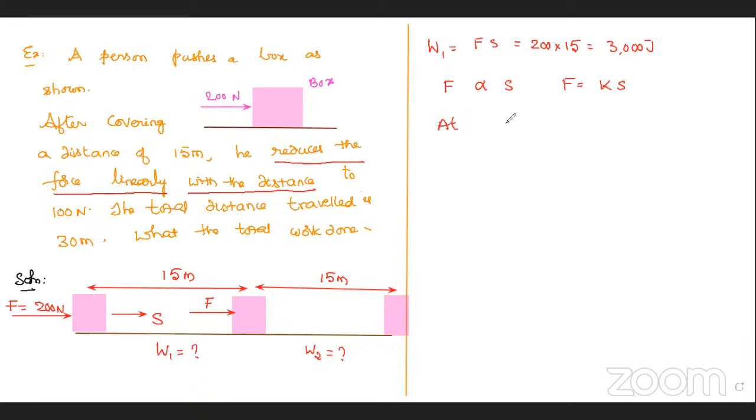Because at S equals 15 meters, F equals 200 newtons. At S equals 30 meters, F equals 100 newtons. So accordingly, you have to say what is the equation for the force.